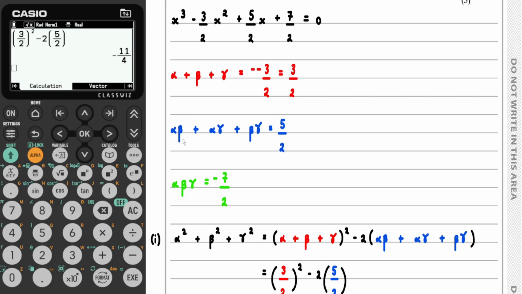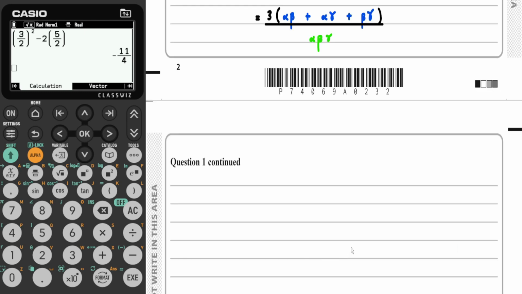And we know alpha beta plus alpha gamma plus beta gamma is 5 over 2, and we know alpha beta gamma is negative 7 over 2. So we have 3 multiplied by 5 over 2 divided by negative 7 over 2. So let's work this out.